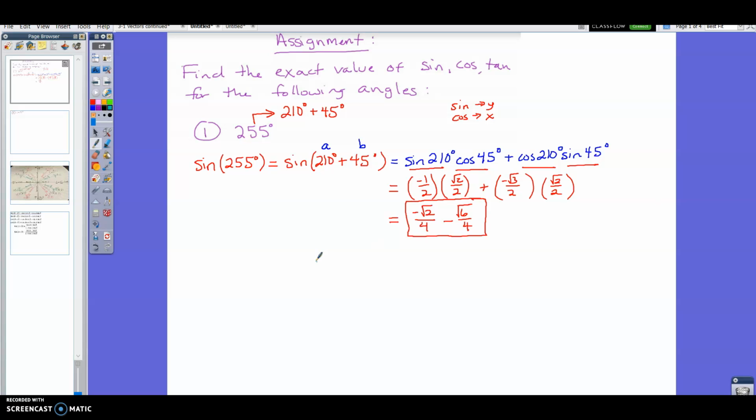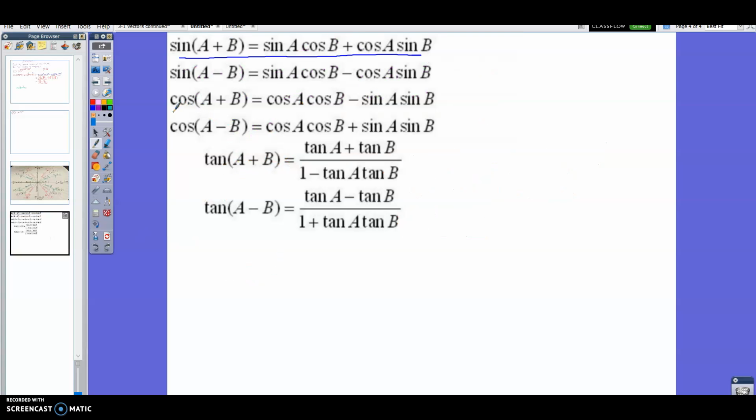Now we're going to find the cosine of 255 degrees. So we're going to basically do the same thing we did for sine, except we're just going to be using a different formula. So this is A. This is B. And the formula for cosine of A plus B is right here.